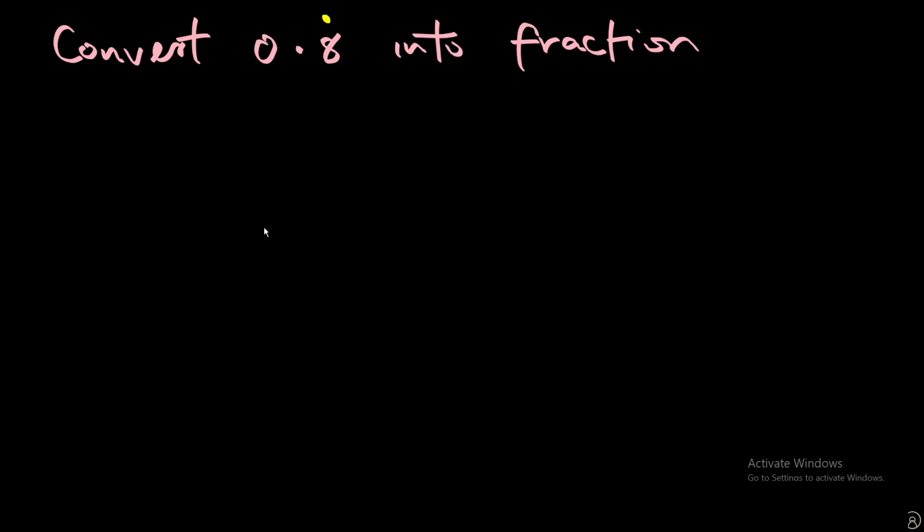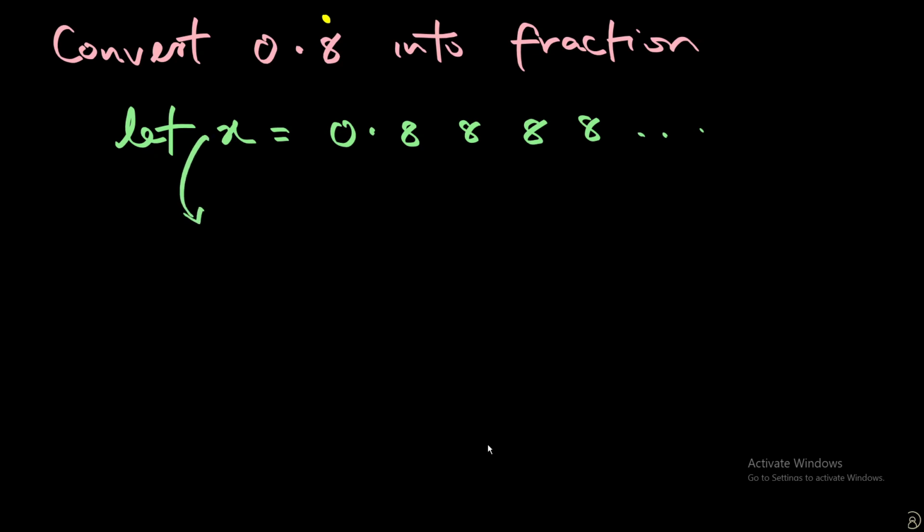So what we're going to do is say let x be this 0.8 recurring, but I'm going to write it in full, 0.888, and it goes on and on. And then we're going to say, let's multiply the first equation by 10. And when we do that, we're going to have 10x equals 8.8888, and then it goes on and on and on.